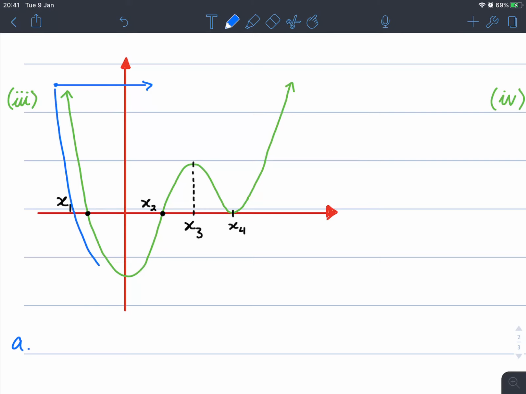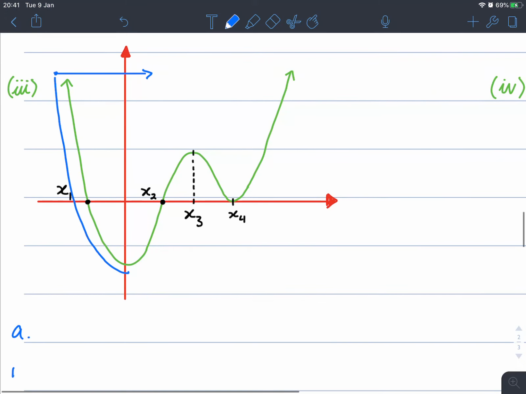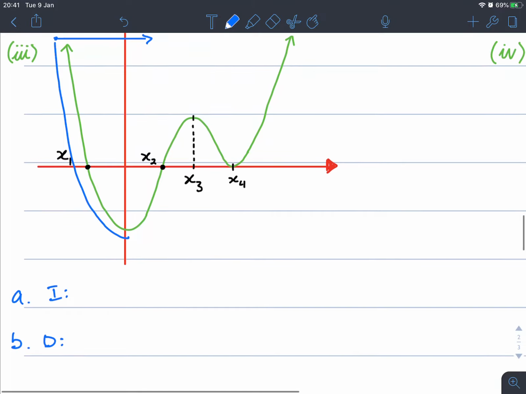It's still decreasing until it gets to this point here. Sorry, that's question B, decrease. It is decreasing from negative infinity until it gets to this point here, which I wanted to be x equaling 0.